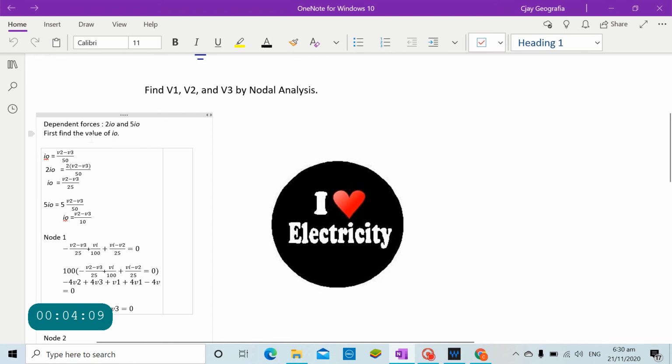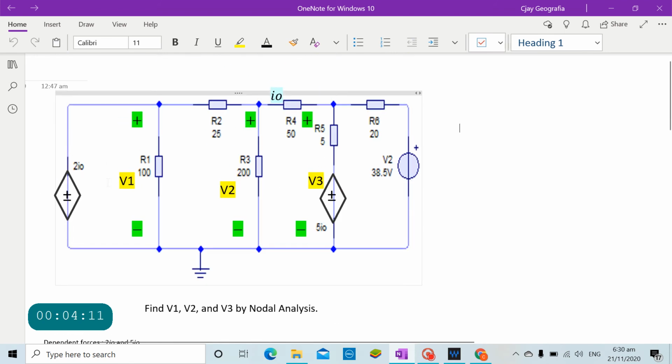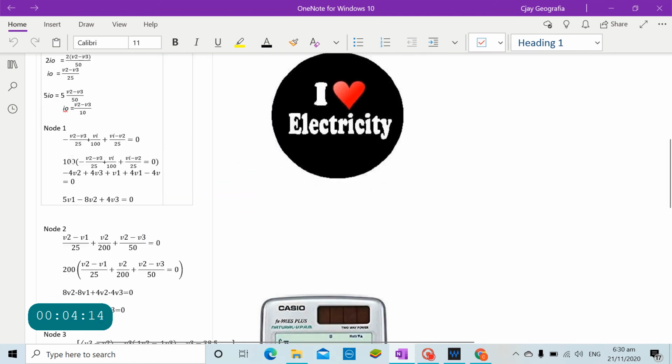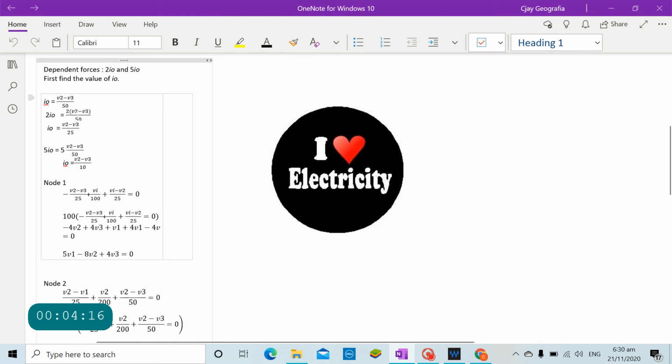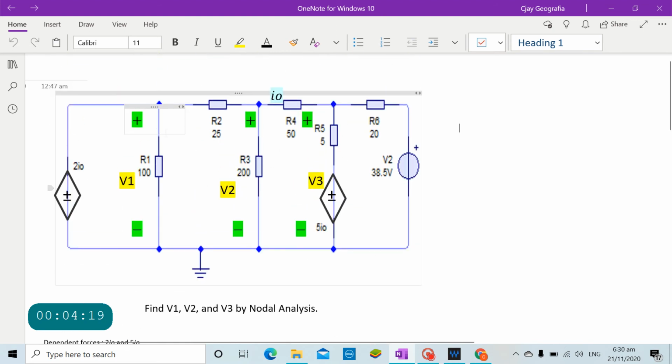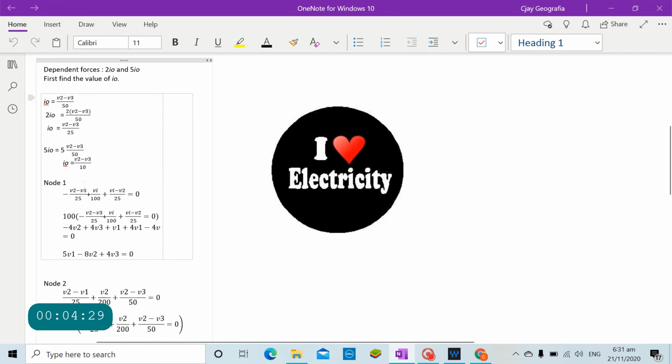We already know that value, so it travels here and here from the negative sign. So negative V2 minus V3 over 25 plus, as you can see here, the 100 ohm resistor. This is V1, so travel here from 0: V1 minus 0 over 100, so we just put V1 over 100. I'm sorry, this is V1, not VI. I will just paste it and put V1.